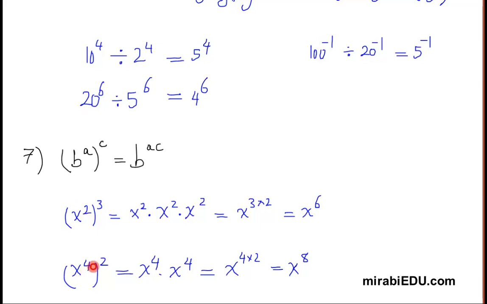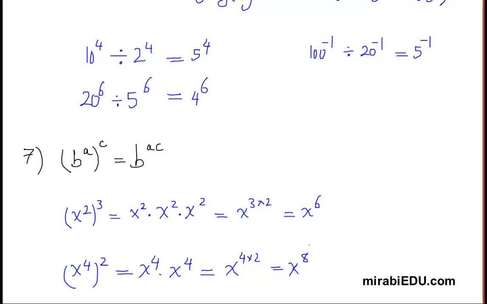x to the 4 to the second power means whatever is inside the parentheses is brought to the second power, so it is multiplied by itself. So x to the 4 times x to the 4, same base, add the powers. 4 plus 4 is written as 4 times 2, so it will be x to the 8.